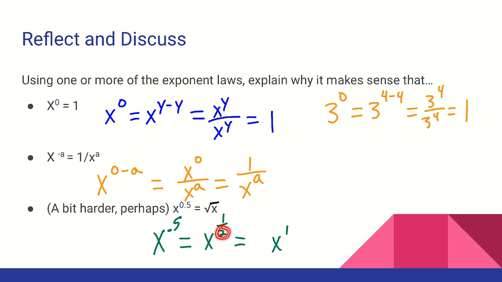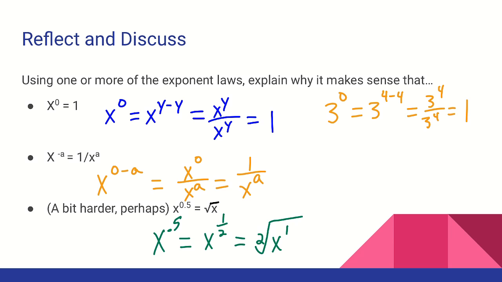And the denominator of our fraction that is in the exponent becomes the root of the base. So x to the 1/2 becomes square root, because this is a denominator of 2, x to the first, because this is a 1 right there.